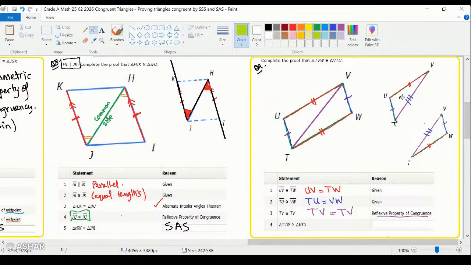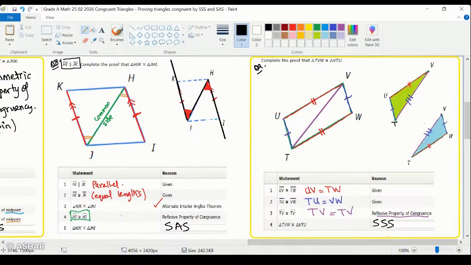For this shape to be equal to this shape, right? Exactly the same, because VW had the same side length as UT, TW has the same length as UV, and V and T was a common side. That means which property would be applied? Side, side, and side.